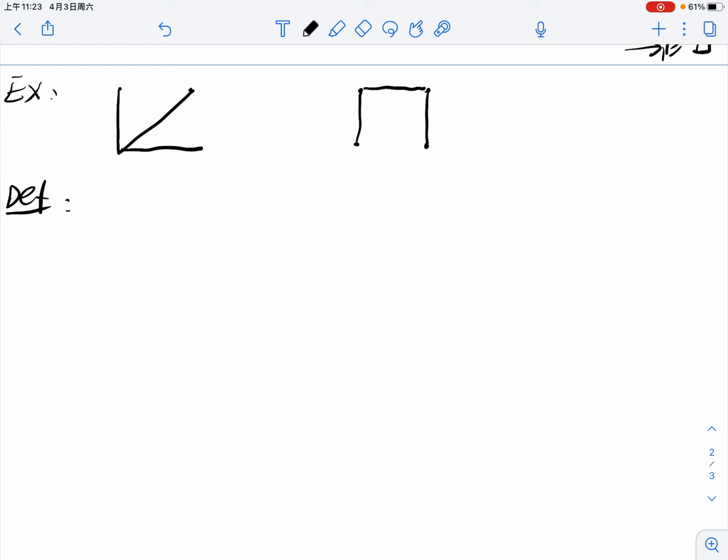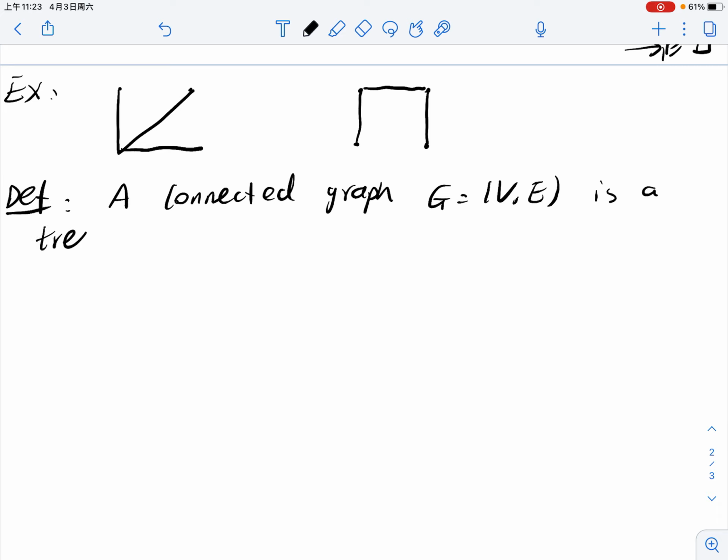And then we have the following definition. A connected graph is a tree if the above inequality becomes equality.